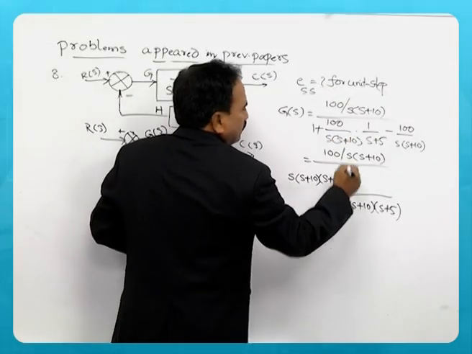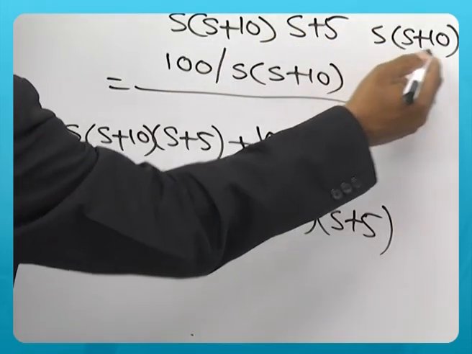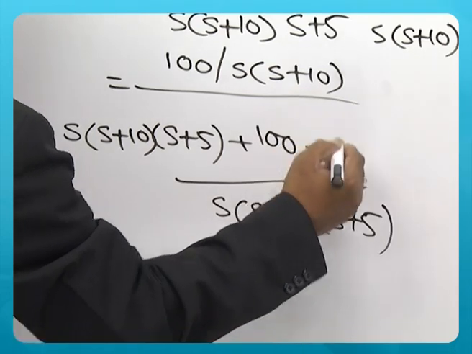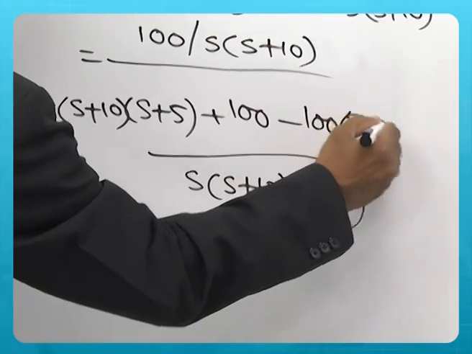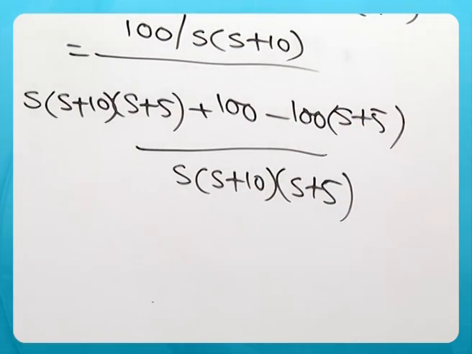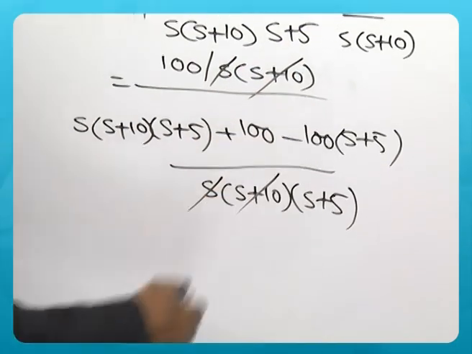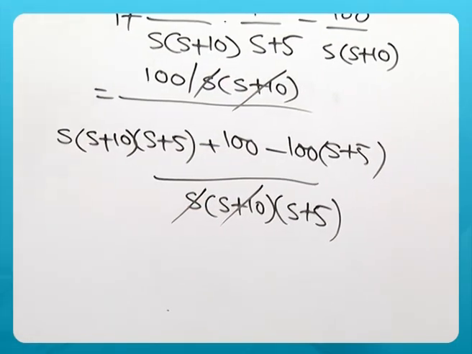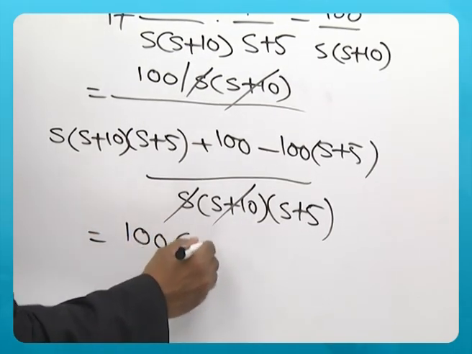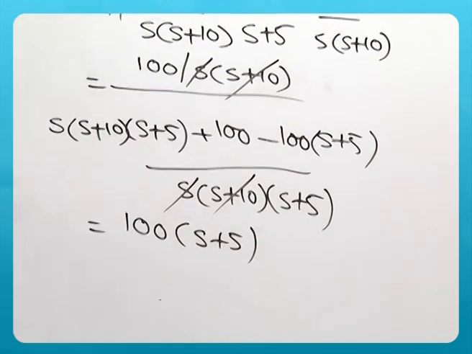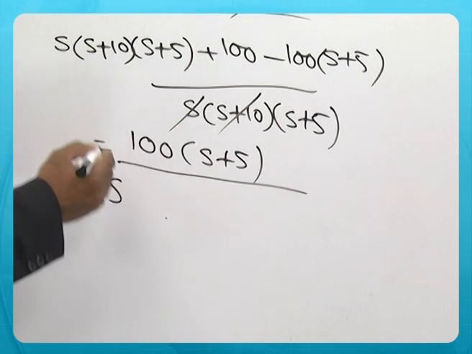Now for this second term it is 100, and for the third term s into s plus 10, so minus 100 into s plus 5. So you can see this s gets cancelled, s plus 10 also gets cancelled, and s plus 5 is there here, that comes to numerator, and in the denominator you have s.